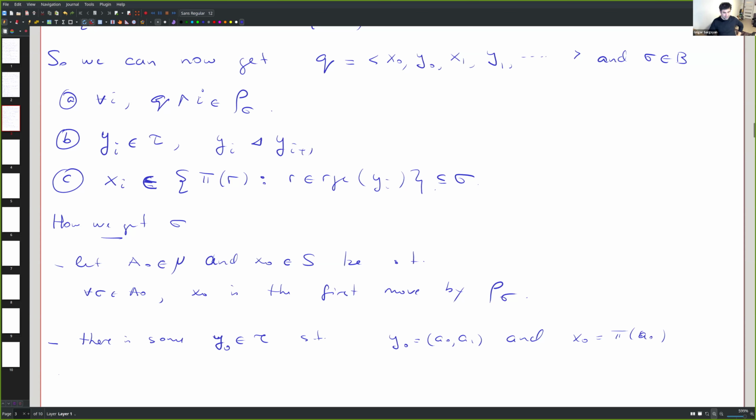So now we have, but remember rho sigmas are, for all sigma in A0, x0, y0 belongs to rho sigma because rho sigma is a strategy.